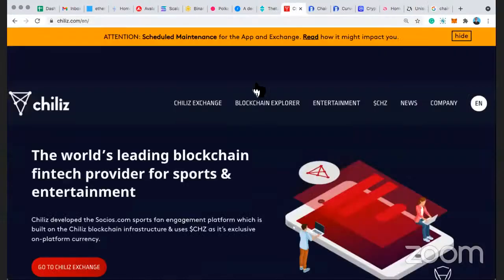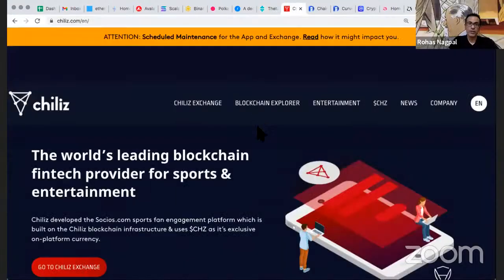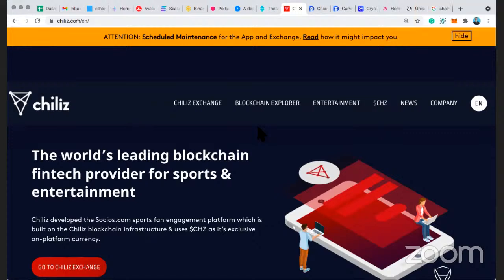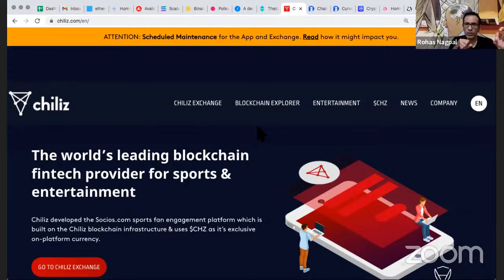Then we have a very interesting project called Chiliz. You must have heard about the term fan tokens, where you can buy tokens of football clubs. Have you ever heard of that? That's what Chiliz allows you to do. CHZ is a crypto which you can buy in the real world on exchanges. Then you take it into the Socios platform or ecosystem. They have their own app and everything. Once you go into the app, you are able to exchange that and buy tokens of different teams.